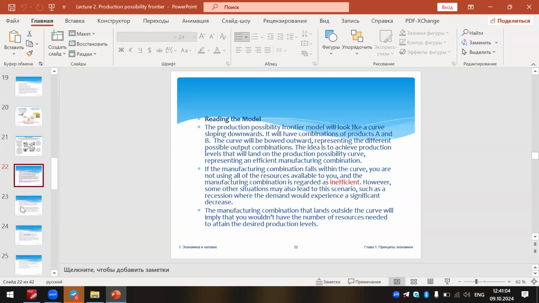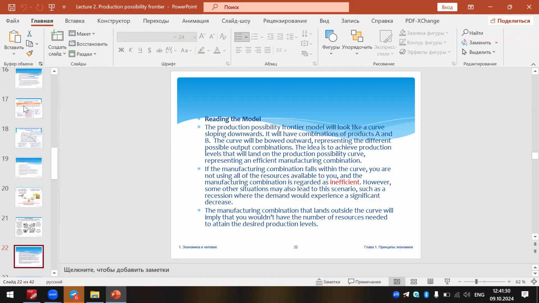And here the reading as a model. So the production possibility frontier model always looks like a curve sloping downstairs. So it will be a combination of product A and B. So this curve will bow outward, representing the different possible output combinations, as I show you there.